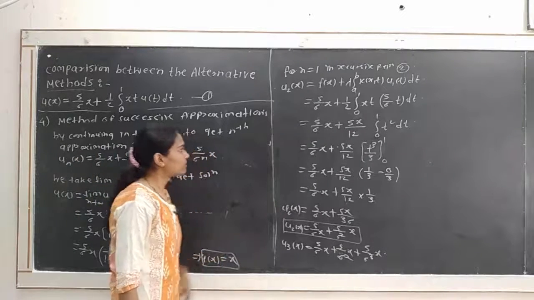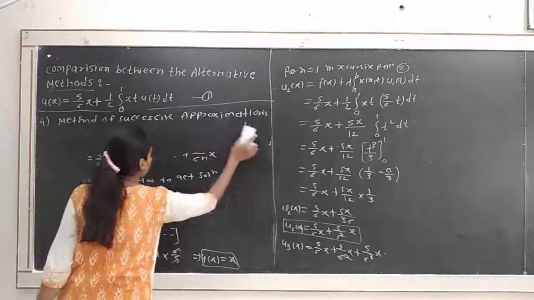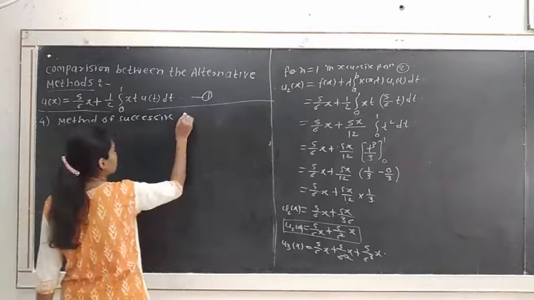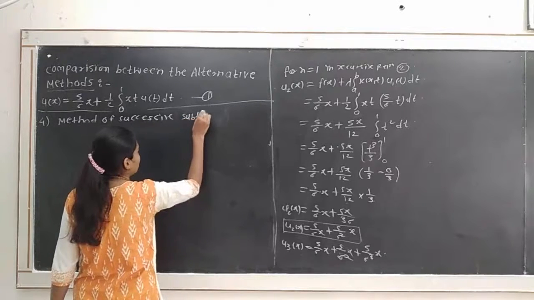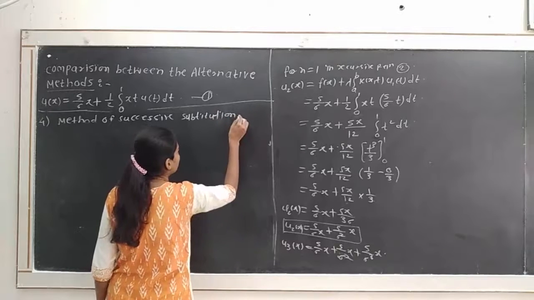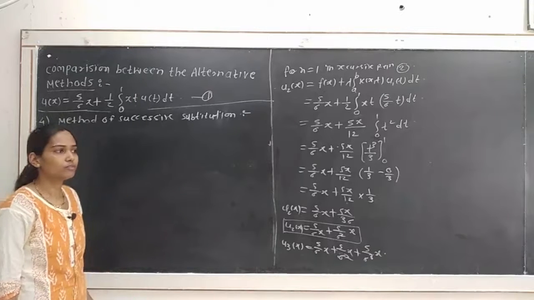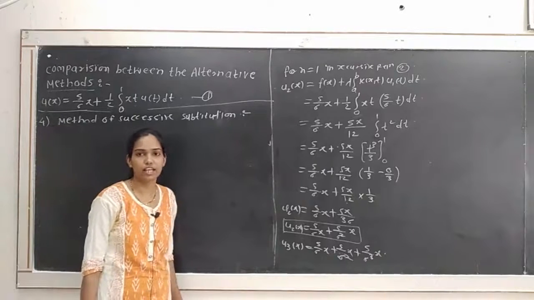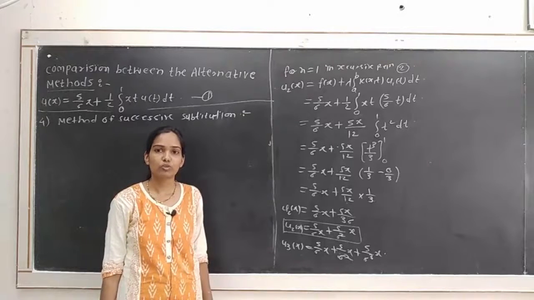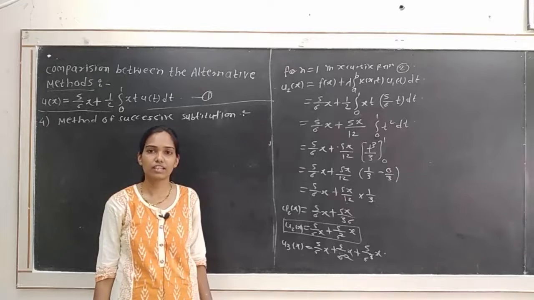Okay, then we have to see the last alternative method, that is the method of successive substitution. In the method of successive substitution, we know that we substitute the value of the kernel k of x,t. First we put in the integration x equal to t and t equal to t1, then we put x equal to t1 and t equal to t2.